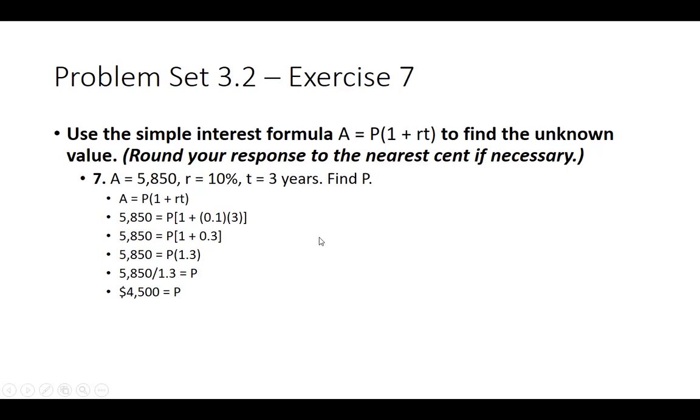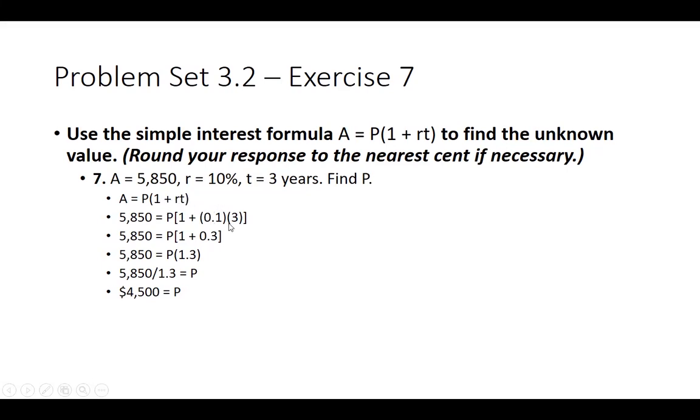Number 7. We're using the same formula for A, but this time we're asked to find P. We're told that A is 5,850, R is 10%, T is 3 years. So the first step, write out the formula, and then plug in what we know.